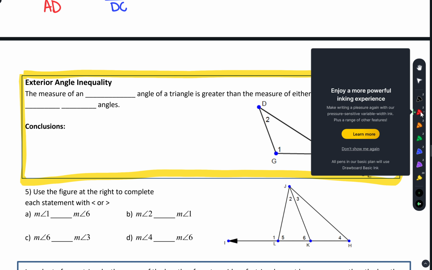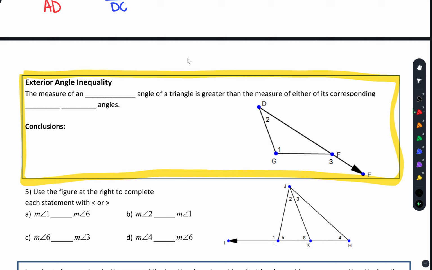Maybe, yes, no. The exterior angle sum theorem tells me that the measure of the exterior angle, let's call it exterior, is equal to the measure of the remote interior angle 1 added together plus the measure of remote interior angle 2. That's my exterior angle sum theorem.